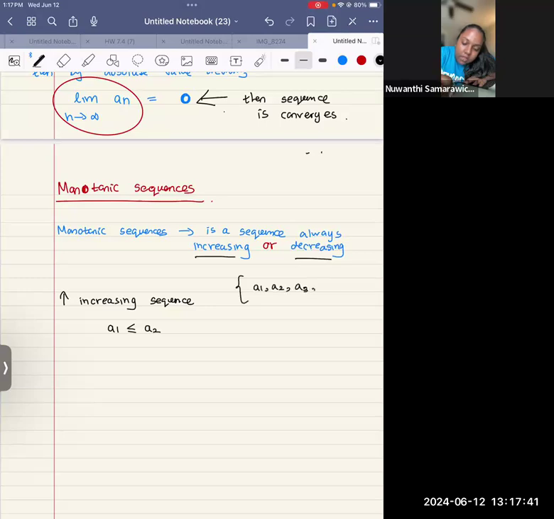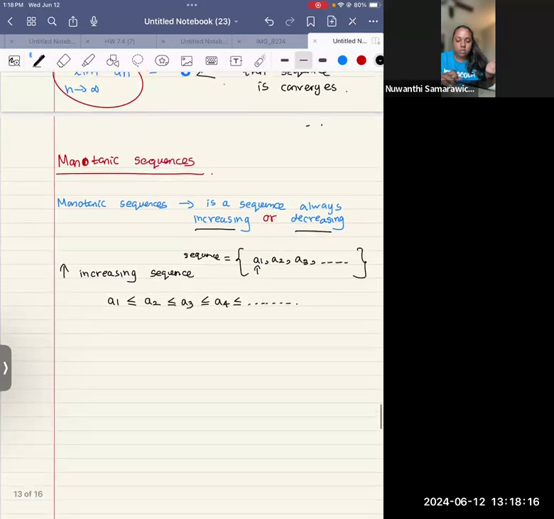If the first term is less than or equal to the second term, and the second term is greater than the first term and less than the third term, like that, the terms are always greater than the previous one but less than the next term.